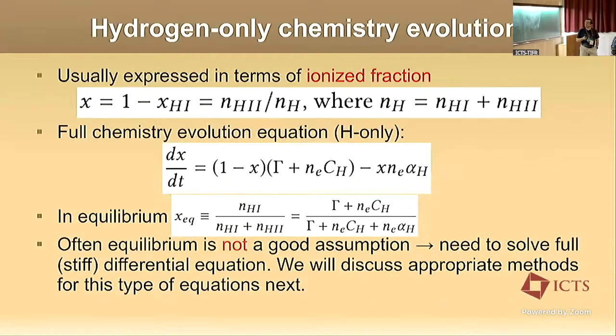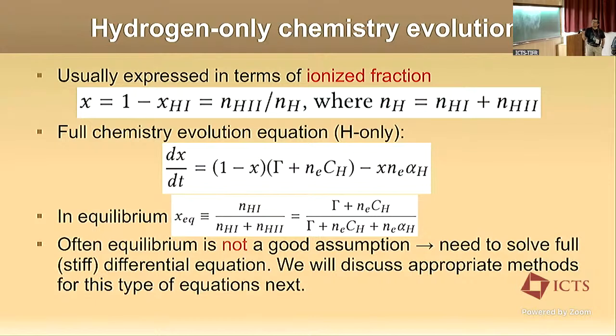Okay, so if you have all these reactions, we can combine them together. First of all, we can define the ionized fraction, which is usually the quantity we're interested in. The ionized fraction x is obviously 1 minus the neutral fraction because the total fraction of atoms is 1, and they are either ionized or neutral.